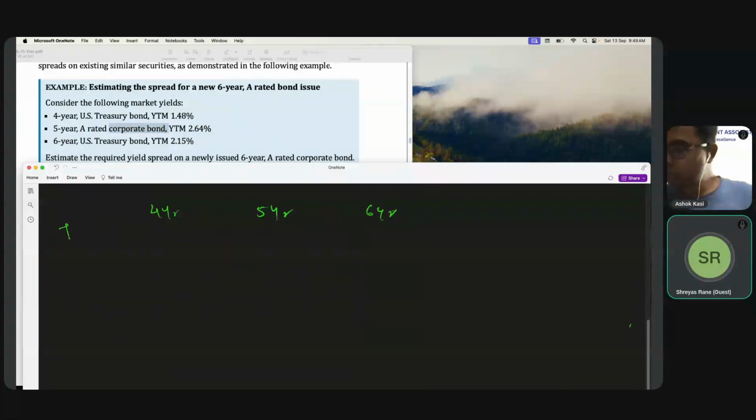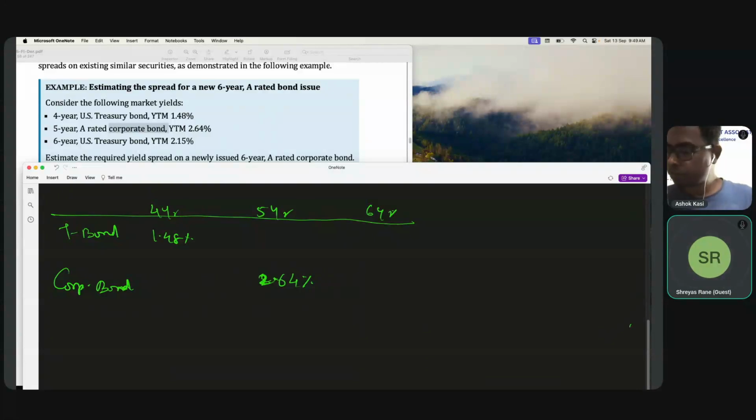So the 4 year treasury bond is giving the YTM of 1.48 percentage. The 5 year corporate bond is giving the YTM of 2.64 percentage. Then the 6 year treasury bond is giving the YTM of 2.15 percentage. So these are the given conditions.